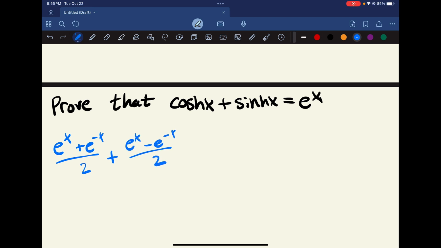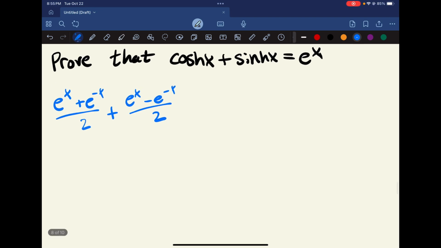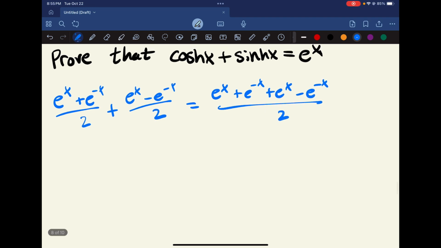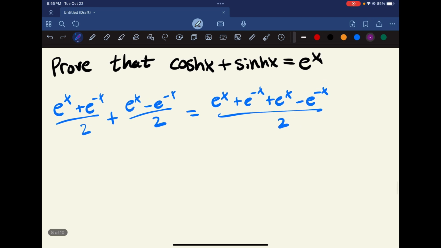These both have 2 as a denominator, so we can combine them into one fraction. So we can rewrite this as e to the x plus e to the negative x plus e to the x minus e to the negative x, all divided by 2. So we can say, okay, this plus e to the negative x cancels out with this negative e to the negative x.